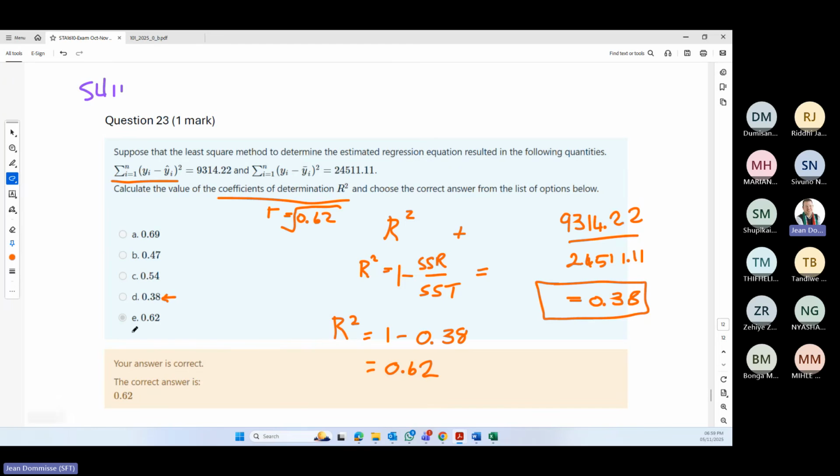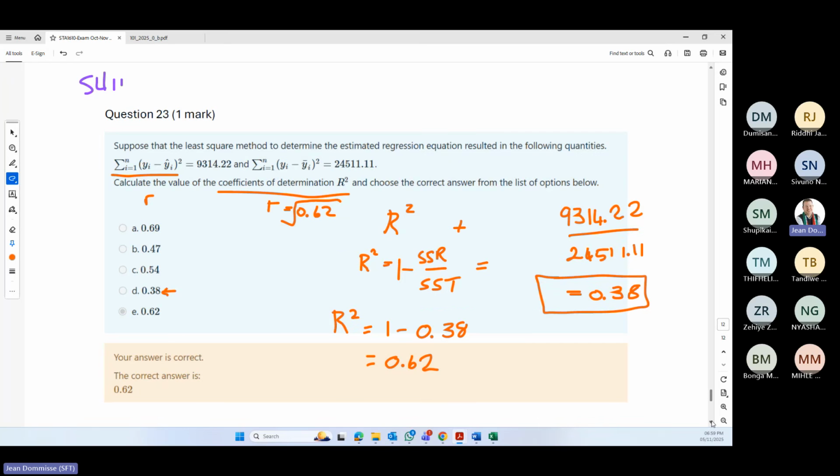They didn't, but that is what they could have done as well, to give you this information but then ask you to calculate the value of R. So just remember also that link from R square, the coefficient of determination, to the correlation coefficient.